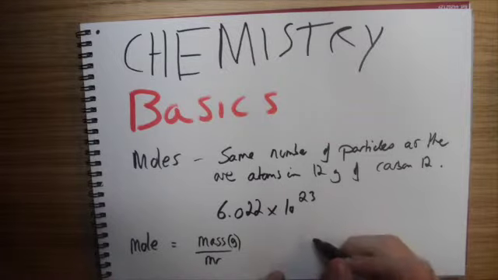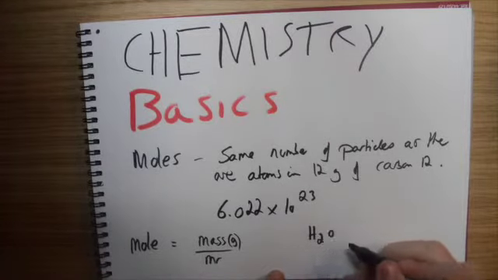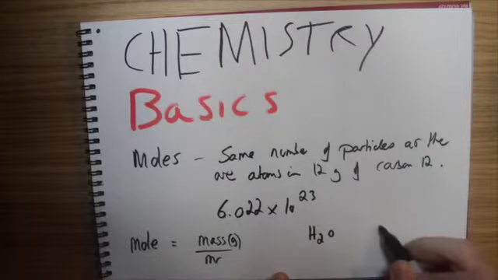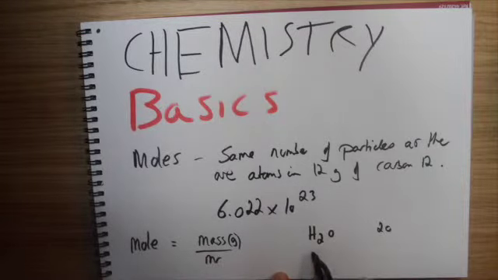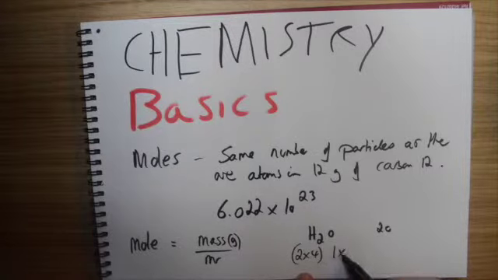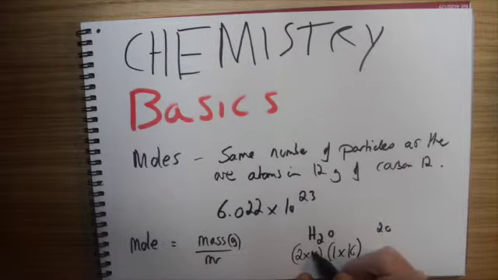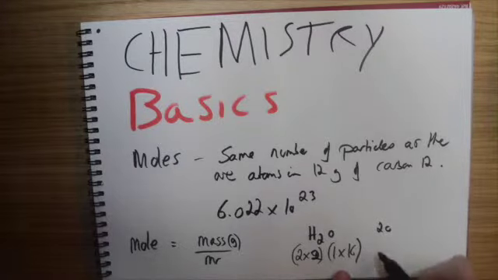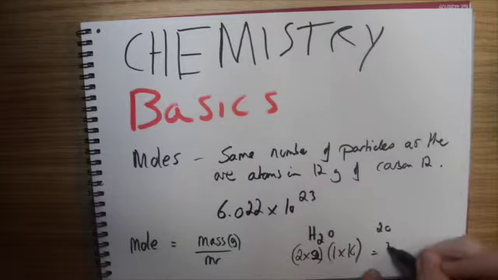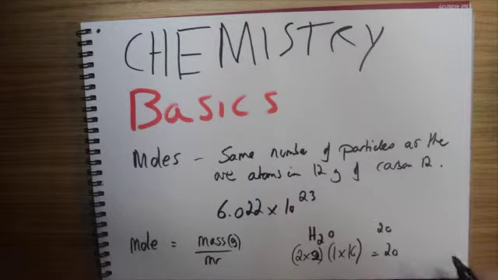I'll give you an example. The Mr of water would be 18, because there are 2 hydrogen atoms and 1 oxygen atom. So 2 times 1 for the hydrogen, because 1 is the relative atomic mass, and 1 times 16 for the oxygen, so that's 2 plus 16, the Mr of water.